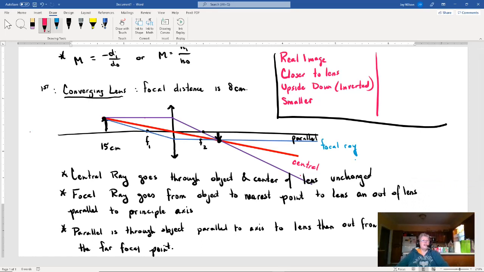Alright, so let's do the math. What's going to be the positive side and what's going to be the negative side now? Well, for a converging lens, we expect light to go through the lens. So for a lens, the positive side is opposite of the object.